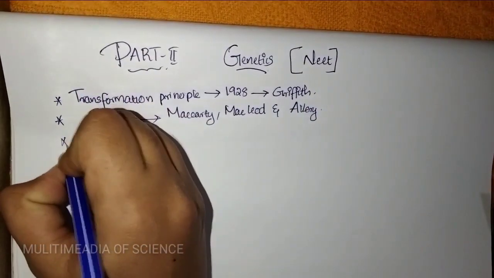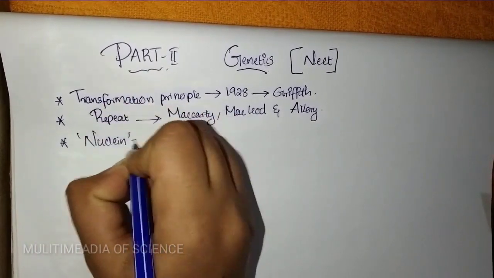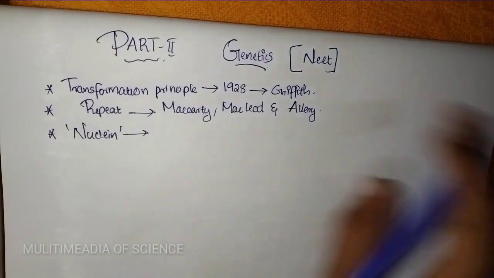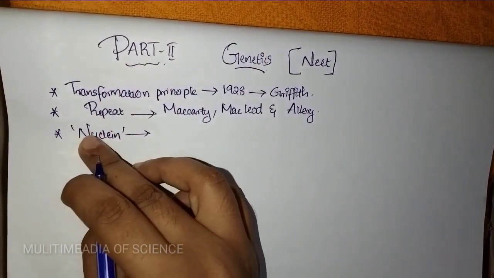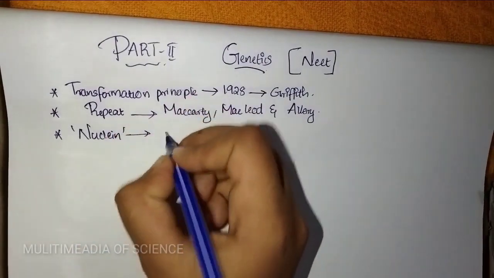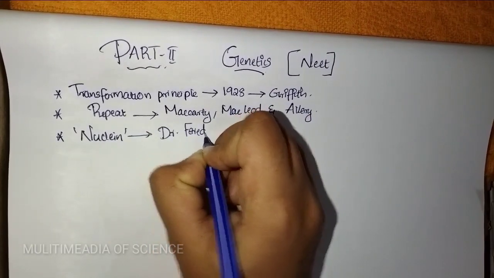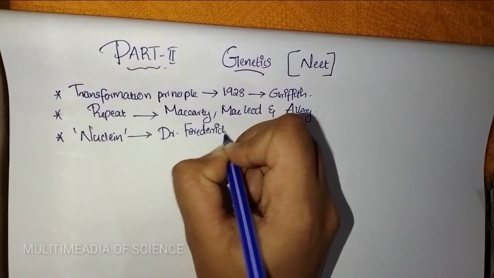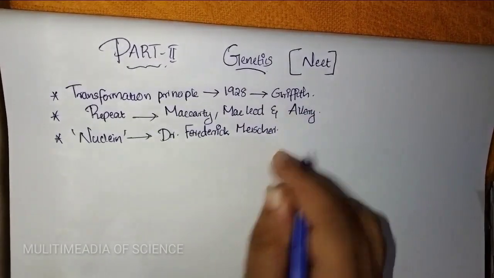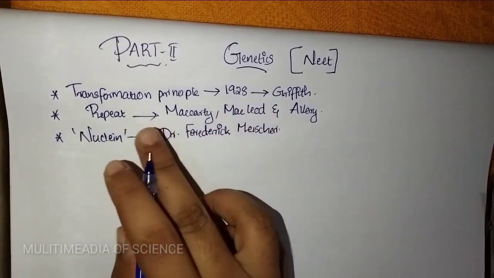Okay, then the discovery of nuclein. I am discussing some more important points from the chapter genetics. In genetics the important word is nuclein, and this was proposed by Dr. Frederick Miescher. Then nuclein was changed to nucleic acid.